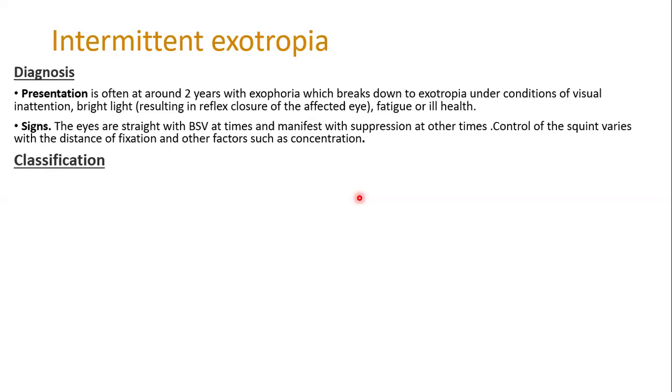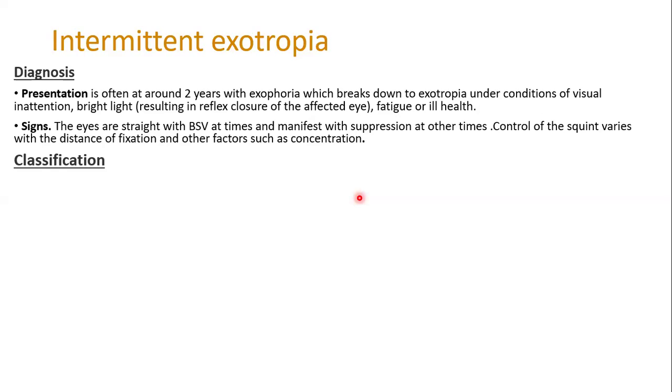So if you have, for example, a patient who is having exotropia at near 20 prism diopter, at distance 40 prism diopter, you will start by patching one of the eyes and wait for 30 to 45 minutes. Then repeat the alternate prism cover test at near. If it became 40 or 35, then that is tenacious proximal fusion, pseudo divergence excess.